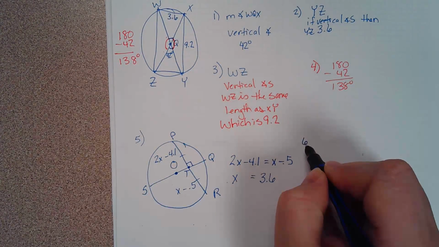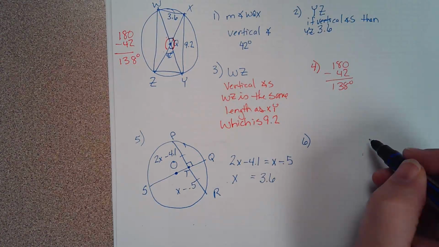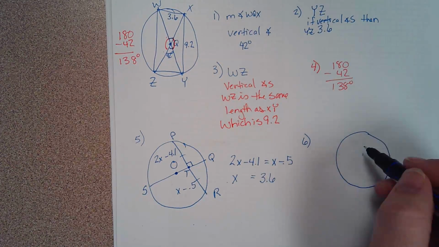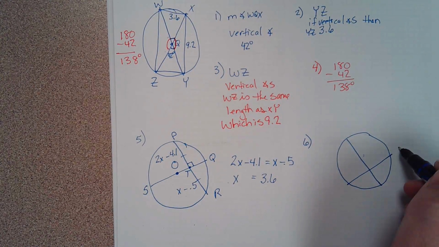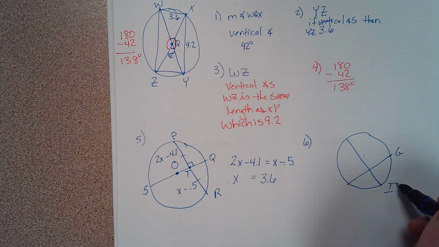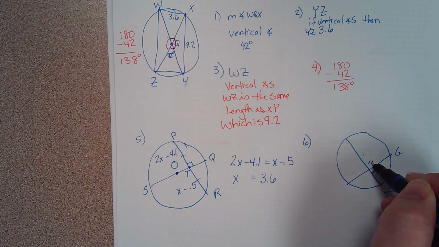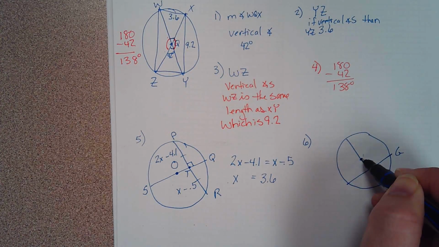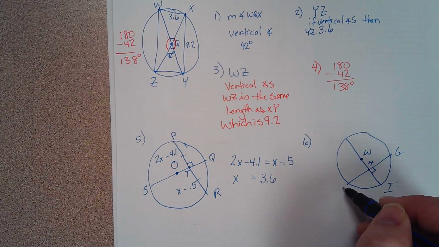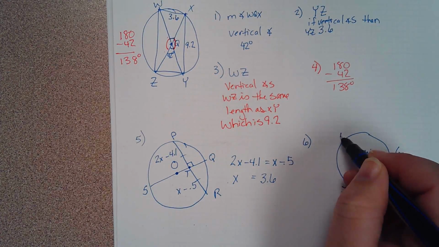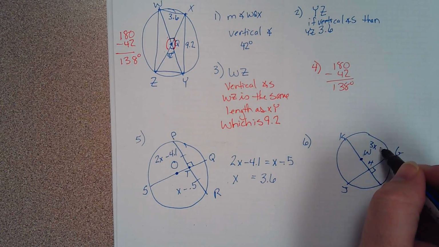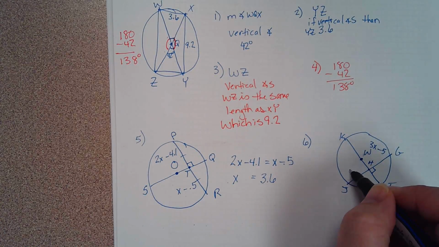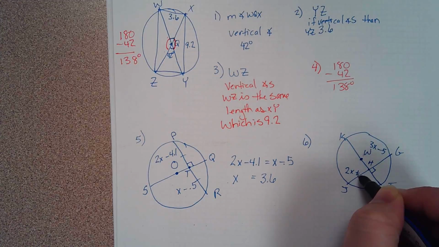So look at number 6. Same thing here. A little different, but the same idea. G, I, right angle. This here is H. The center of the circle is W, J, and K. This here is going to be 3x minus 5, and below it's going to be 2x plus 1. And it's once again the same thing.